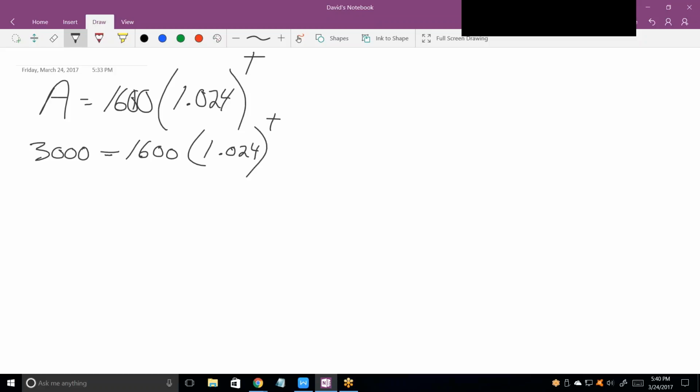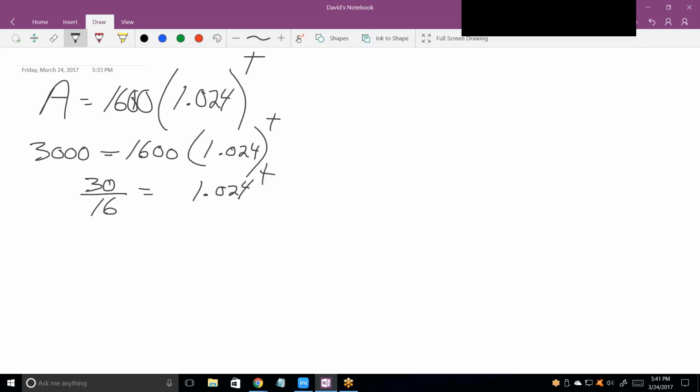Now work me through the log solution of this. So 3,000 divided by 1,600, which is the same as 30 divided by 16, equals 1.024 to the power of t. Okay, next step. 30 divided by 16 is 1.875.